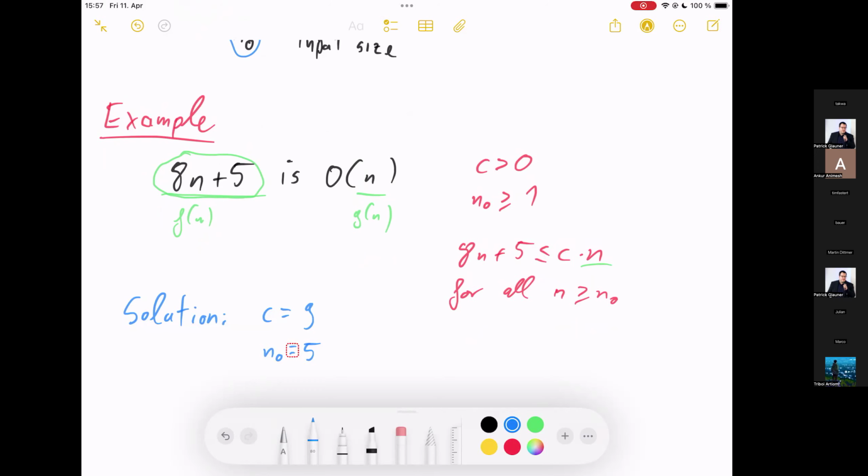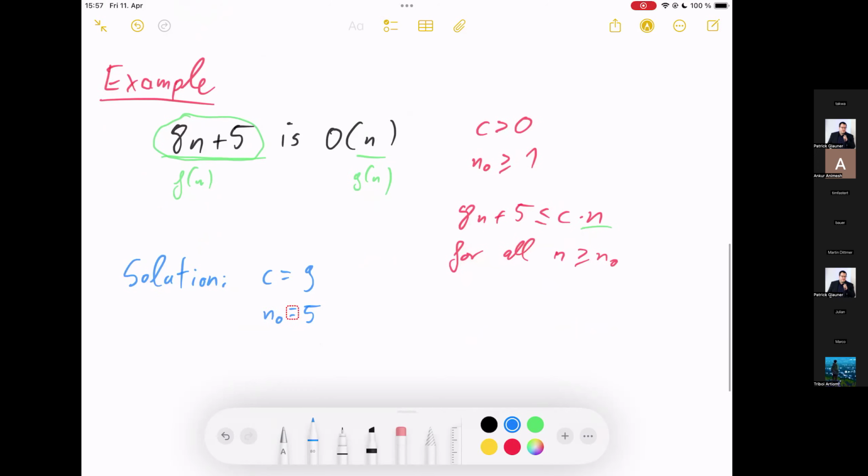Because what we would have then is 8n plus 5 is less than or equal to 9 times n, because this was our g of n, and this is the constant, and this would hold true for all n's that are greater than or equal to n0, where our n0 needs to be greater than or equal to 1, and here it's 5.